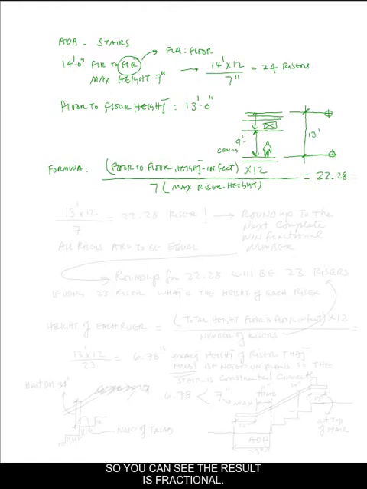So you can see the result is fractional. So if I go back to here, what we did was 13 feet multiplied by 12 divided by 7, and that gives 22.28 risers. Now, I put an exclamation mark because you cannot have a 0.28 riser.